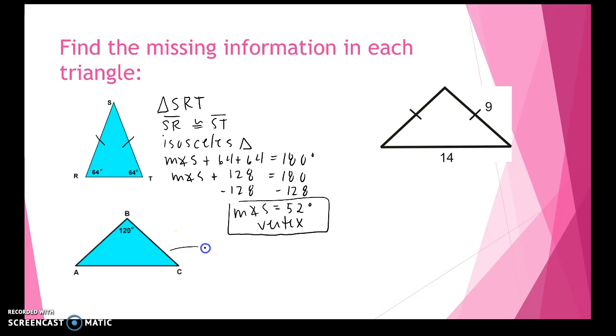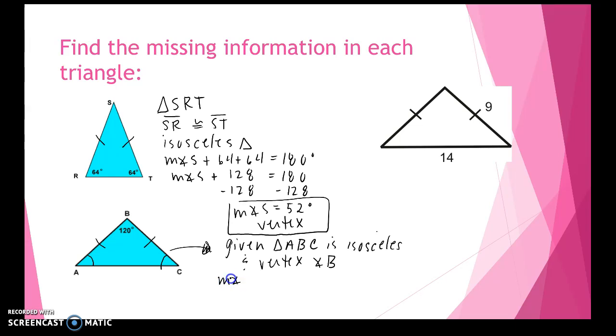Okay, my next triangle, I need to give you this bit of information. So we have to be told triangle ABC is isosceles. And I'll tell you that the vertex is angle B. So if angle B is the vertex, and I tell you it's isosceles, I know those two sides are congruent, and therefore angle A and angle C would have to be my base angles.